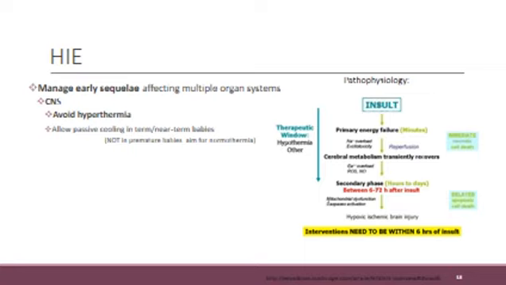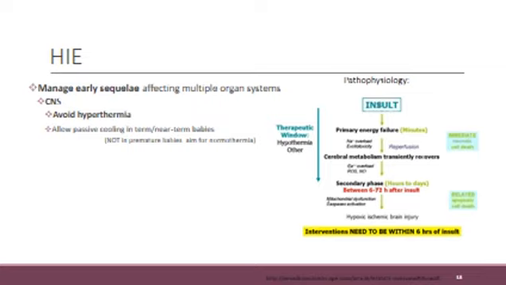And this can then influence and give the final picture of hypoxic ischemic brain injury. The therapeutic window, therefore, is in the first 6 hours after the insult, and if you want to target any interventions to improve the baby's neurodevelopmental outcome, it is in this time.